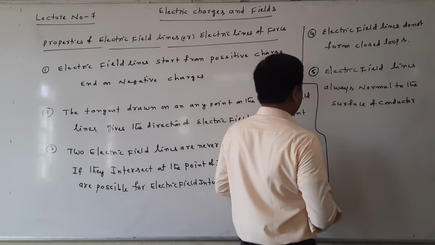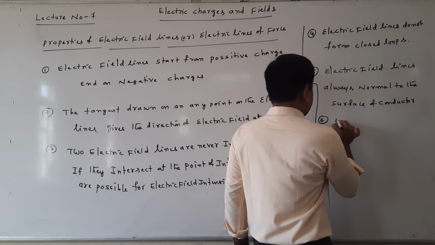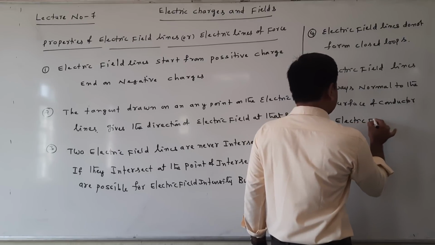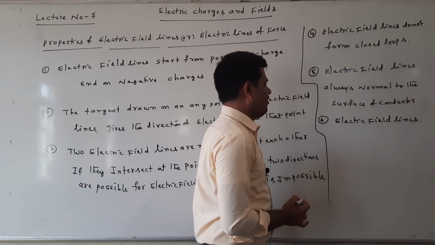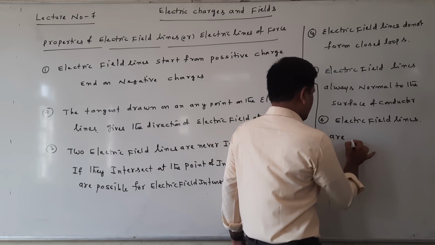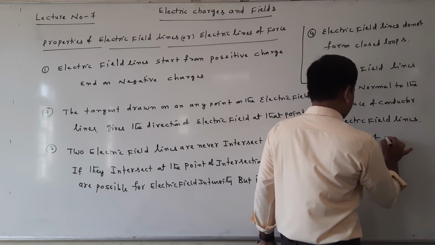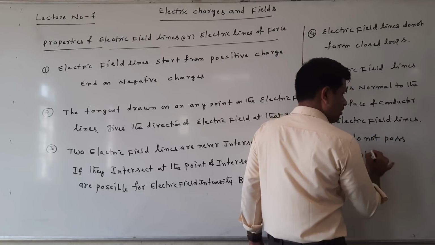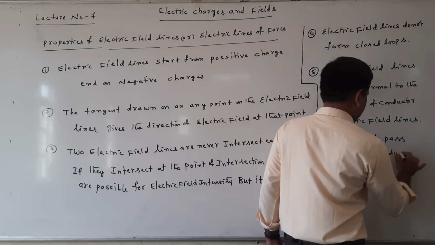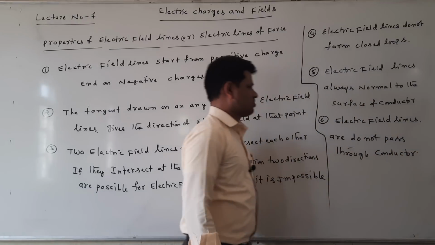The next property is that electric field lines do not pass through a conductor. Why do they not pass through the conductor?